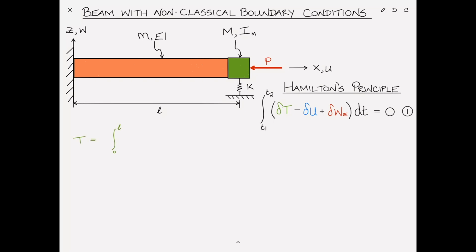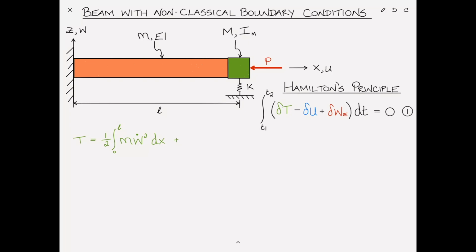T is equal to the integral from 0 to L. This is just a half mass times velocity squared. So it's 1/2 the mass m times the velocity w dot squared dx. I should mention that this m here is a mass per unit length, while this M here is just a mass. It's a discrete mass at the tip. So we need to integrate this along the length of the beam.